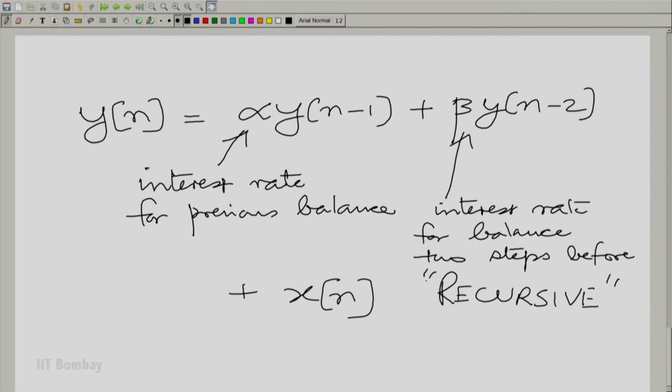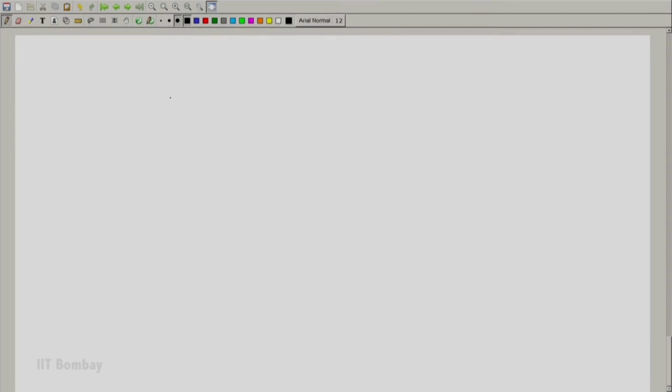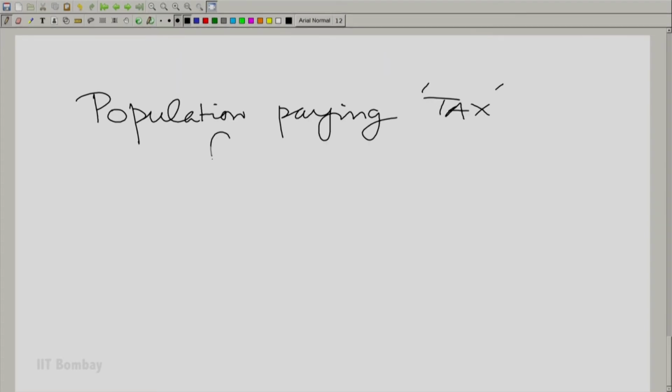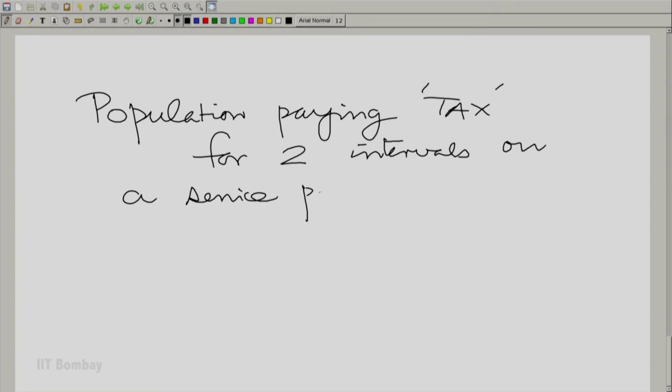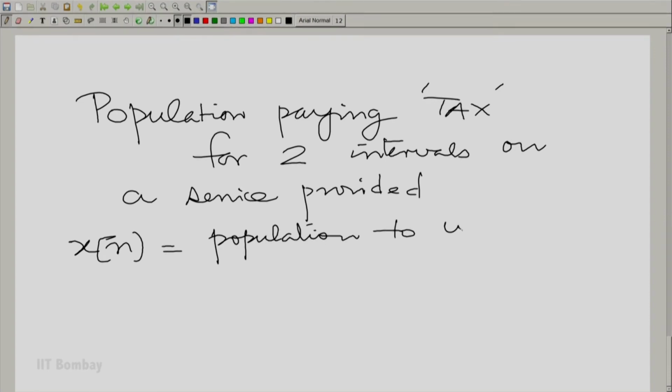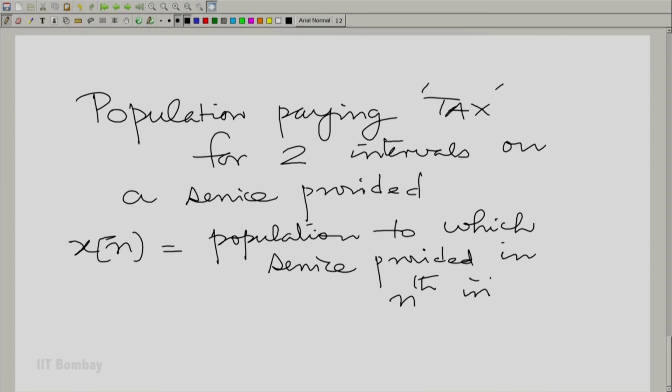But then we do not have to have a recursive system. Let us take an example. So, for example, you could have a population paying tax let us say for 2 intervals on a service provided. So, let x[n], the input, be the population to which the service was provided in the nth instant or the nth interval.